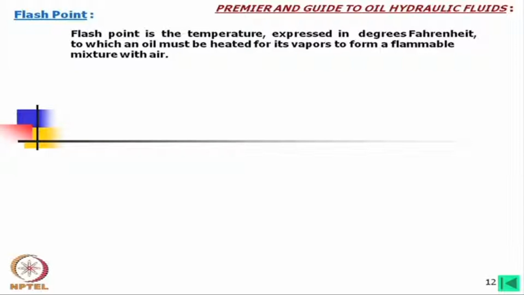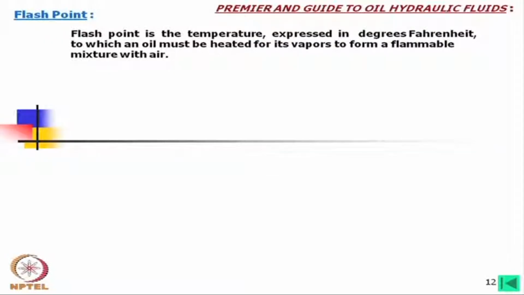In the presence of air, if you go on heating, you will find that a flame will start. That temperature is called the flash point. So, that is very important and we should not allow the temperature to be raised above that point.